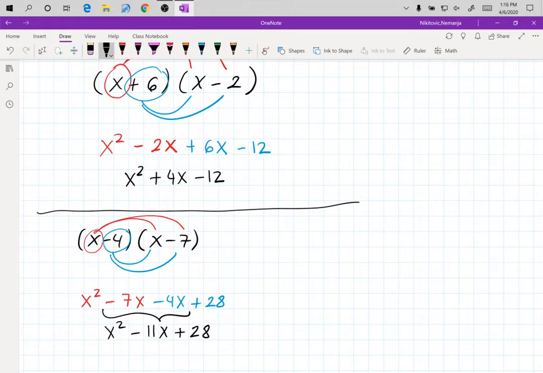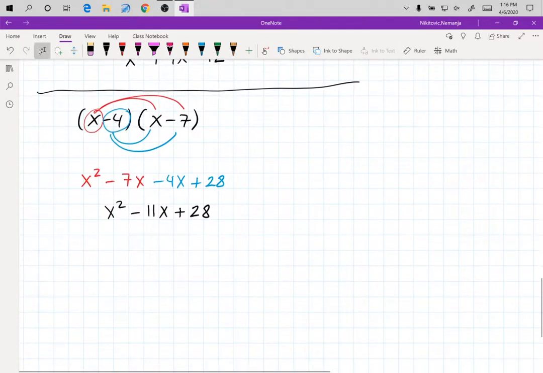These two together combine into the middle term because they are like terms, and the rest stays as is. So that's our problem here. Let's take a look at another problem.